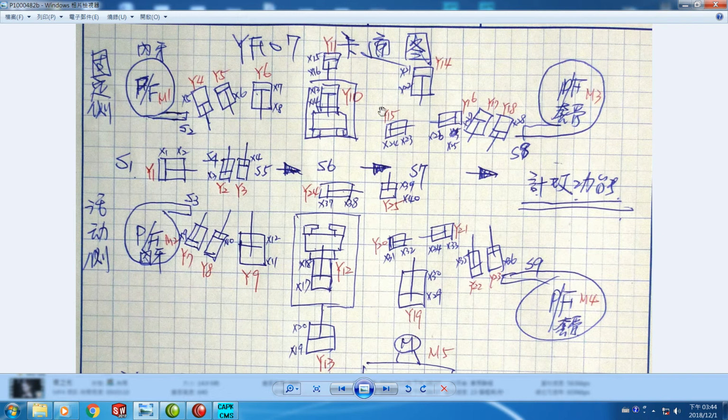So the cycle time takes about 5 seconds to produce one product. So in 1 minute we can produce 12 pieces, to suit the requirement of the customer.